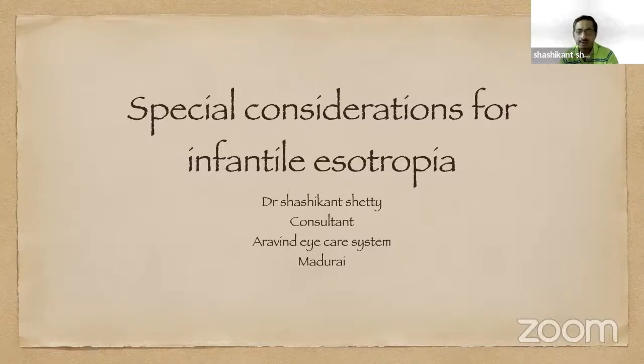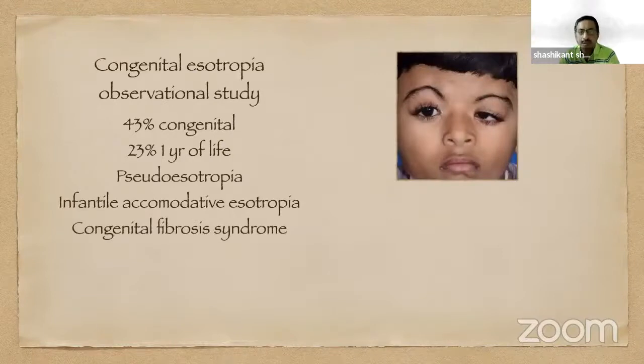I'll be talking on special considerations for infantile esotropia. Basically, congenital esotropia, according to one of the observational studies by a group of COA, where they studied infantile esotropia, they found that most of them, 43%, were congenital, and 23% developed within the first 6 months.